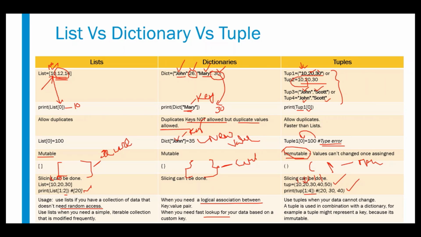In tuples, all the values are immutable. We cannot change any values. So if you don't want to change any values in future, then you can go for tuples. Okay. So these are the basic differences between a list, dictionary, and tuple in Python.